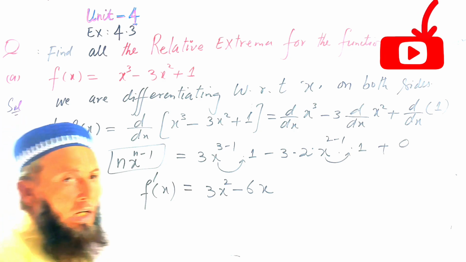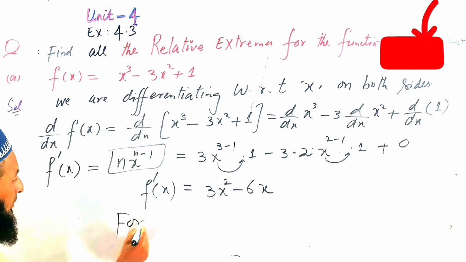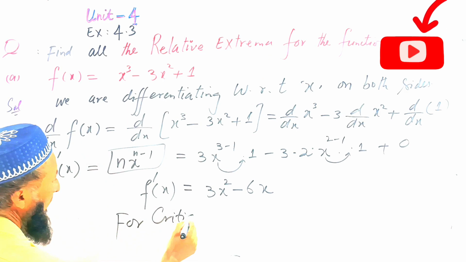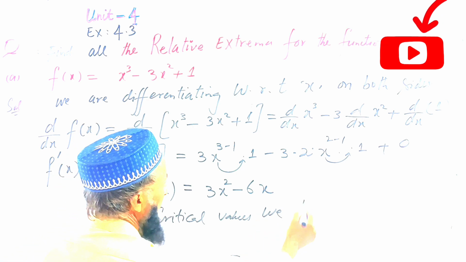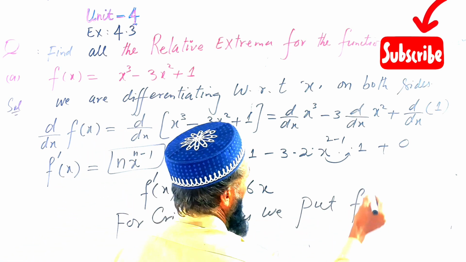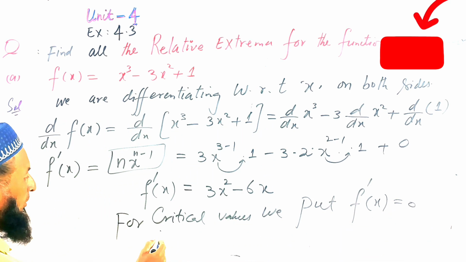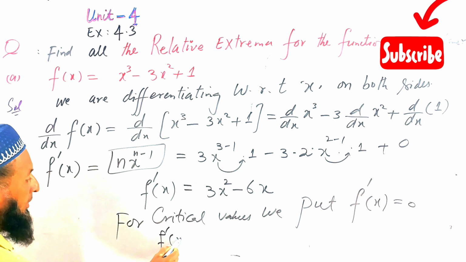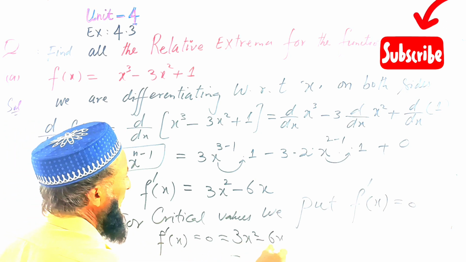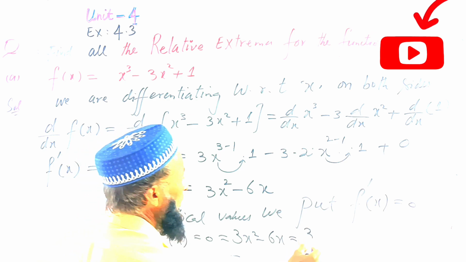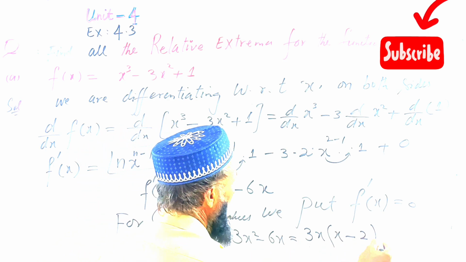Now we are finding the critical values. For critical values, we put f dash x is equal to 0. This implies that 3x square minus 6x is equal to 0. Here we take 3x common, x is remaining and 3 multiplied by 2, we get 3x times x minus 2 is equal to 0.